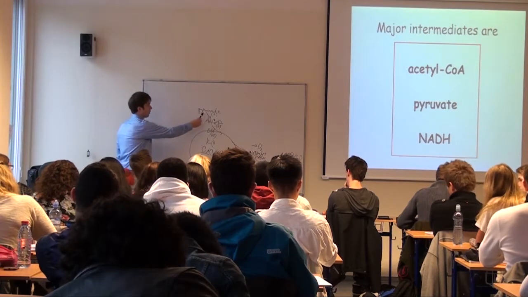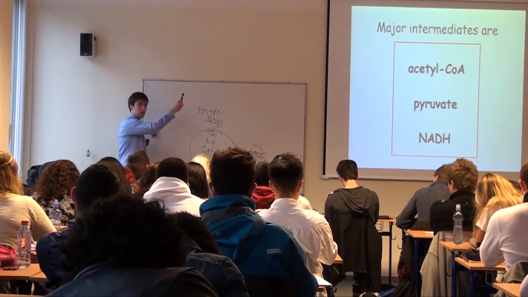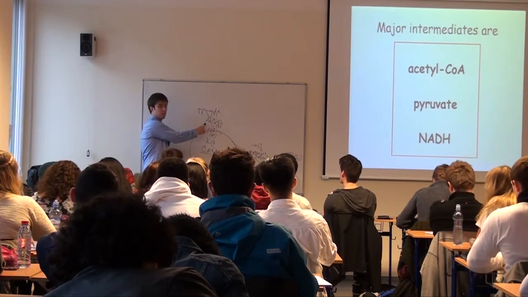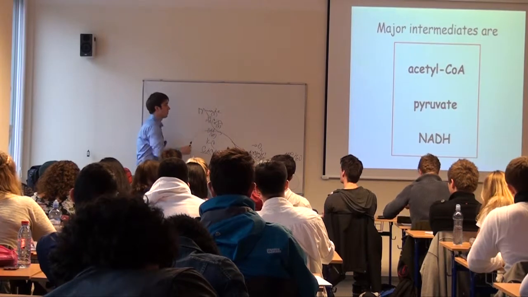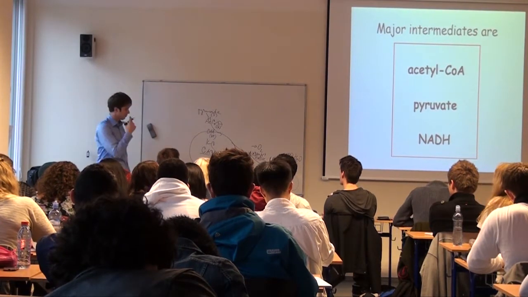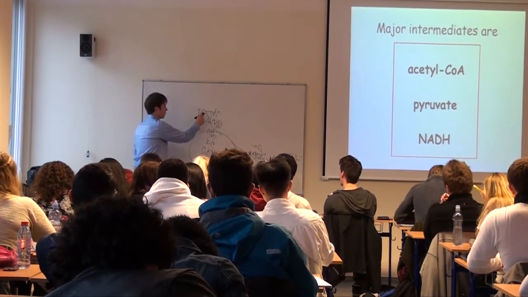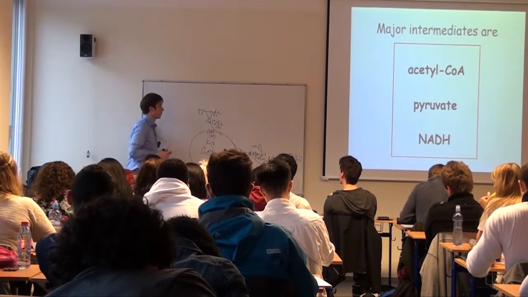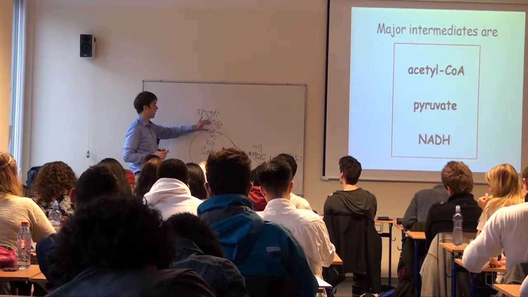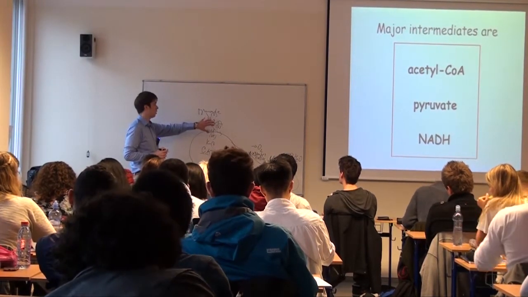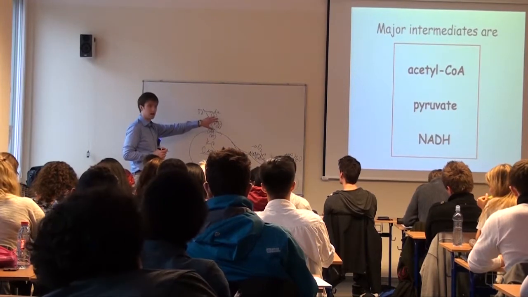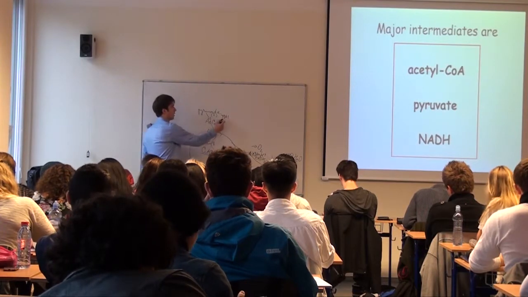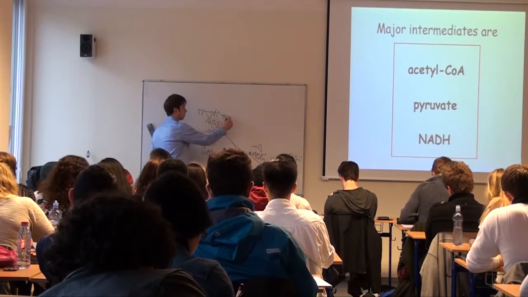From pyruvate we can produce new glucose, but from acetyl coenzyme A we cannot. Therefore, the number of carbon atoms is so important. Good, so we have the pyruvate. This reaction between pyruvate and acetyl coenzyme A is called pyruvate dehydrogenase reaction, or also PDH.